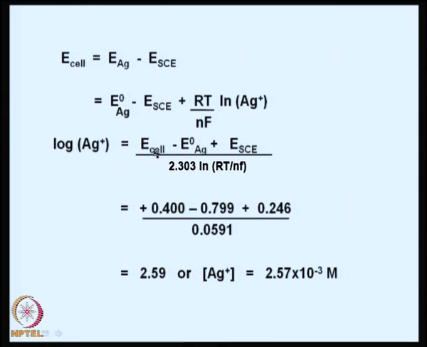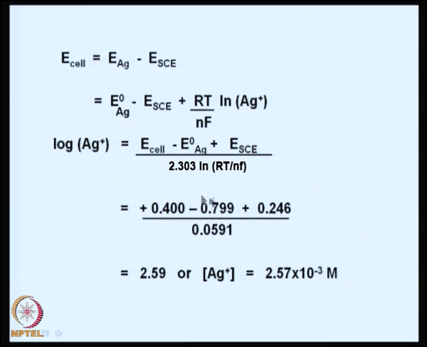Now, I can rearrange this equation as log Ag plus is equal to E cell minus E naught Ag plus ESCE. I am transferring this to the other side, and dividing by 2.303 RT by NF. That is converted to logarithmic scales.